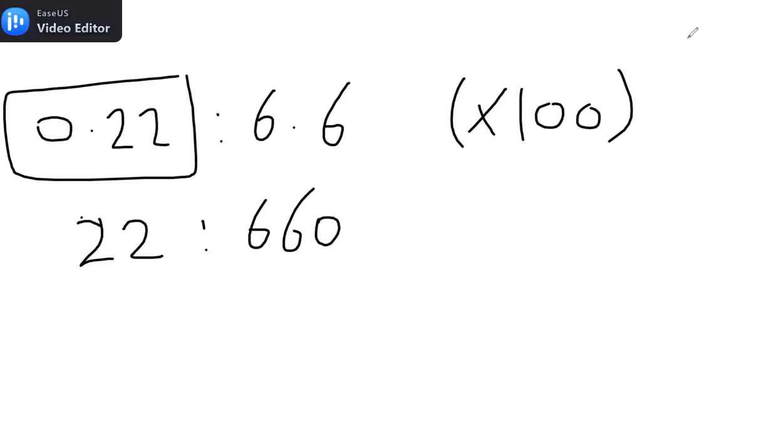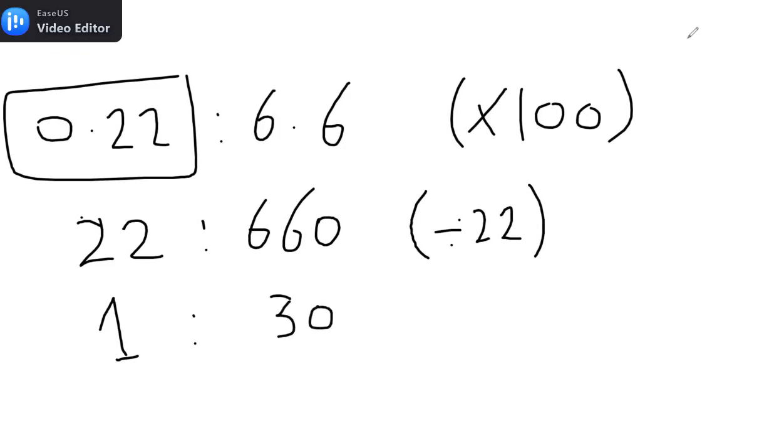I think that the highest common factor between these two numbers is 22. So we can divide directly by 22. 22 divided by 22 will give us 1. 660 will give us 30. So the ratio in the simplest form will be 1 to 30. This means that the number 6.6 is 30 times the number 0.22.